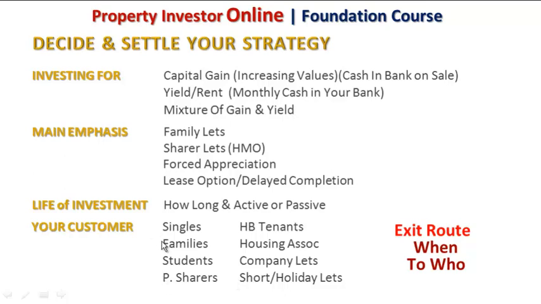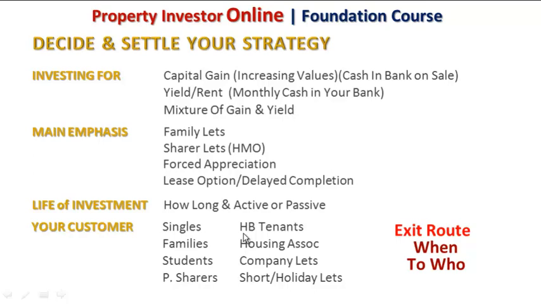But often these customers are not suitable for a single property. If you buy, for instance, a 3-bedroom terraced house, it's not really ideal for one single person. It is ideal for a family. It might pass muster for student accommodation and professional sharers. Certainly it would be suitable for housing benefit tenants if the rent was right.